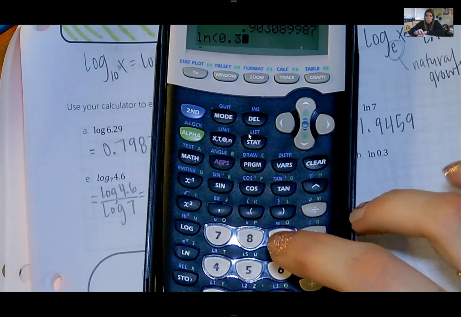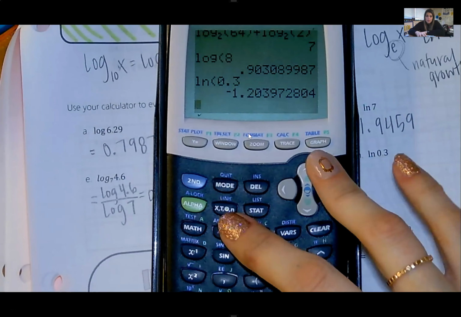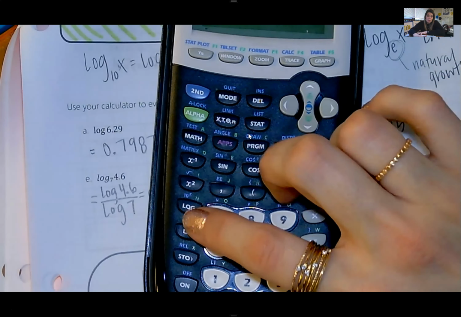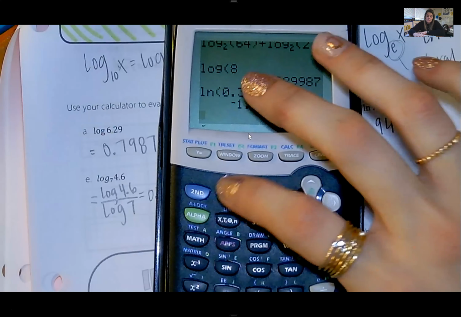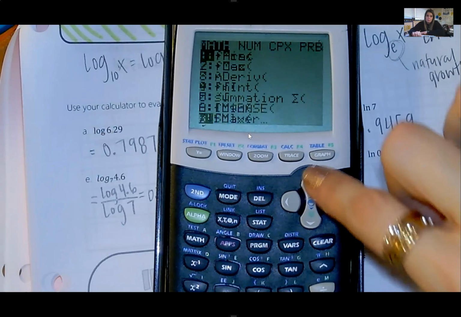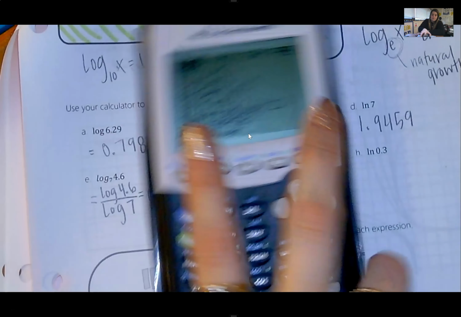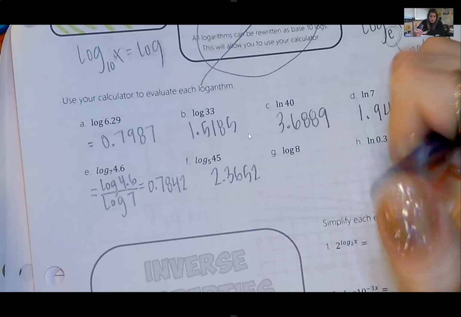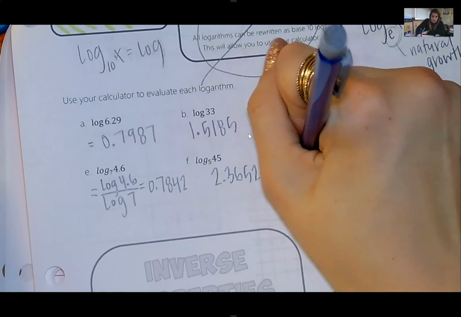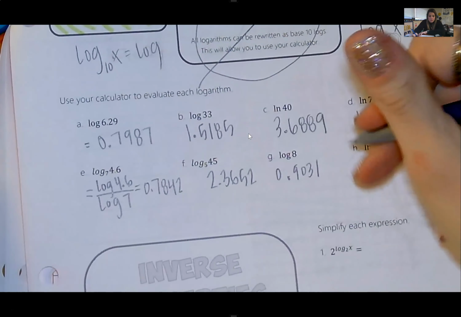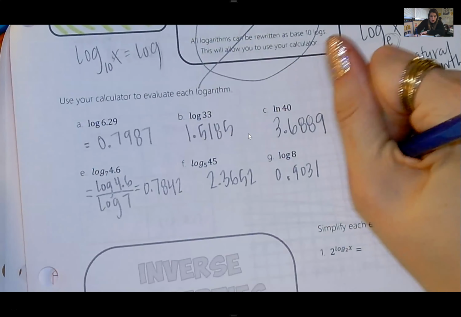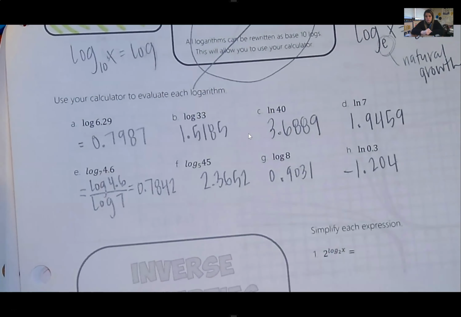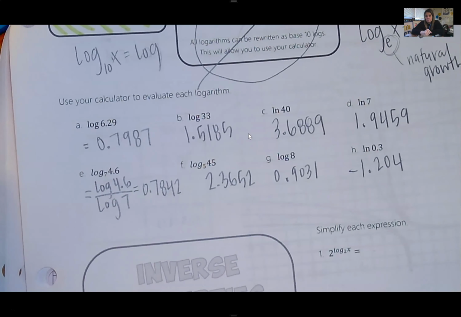If it has a different base, then you hit Math, up, up. I'm just going to quickly fill in those numbers. G was 0.9031. And H was negative 1.2040.